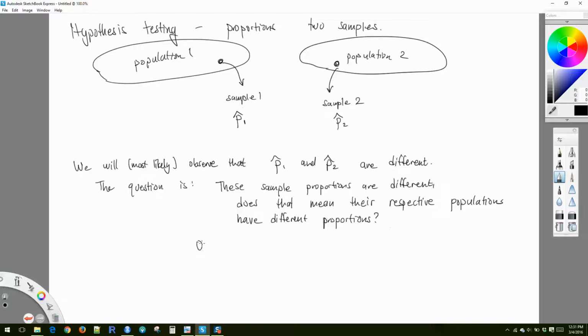Or is it possible that the populations have the same overall proportion, and we just happen to get 2 samples with different proportions?